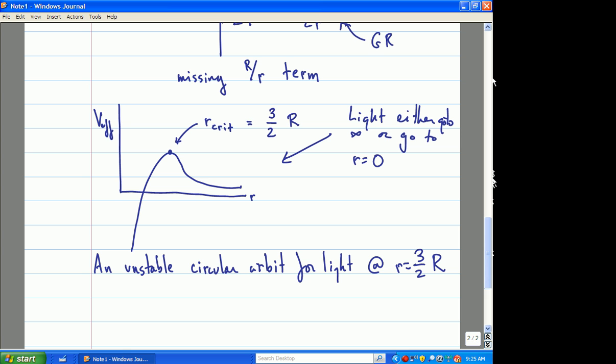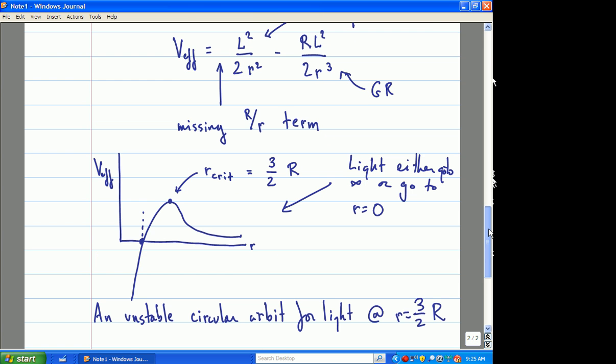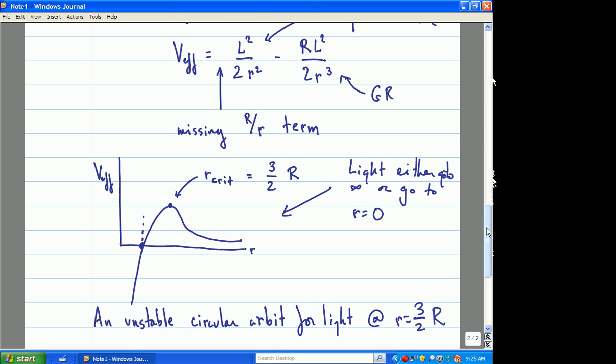And in fact, there's something else that you can extract from this potential. As r goes to infinity, v is going to 0. But at small values of r, this effective potential is less than 0. So you could ask, where does this potential cross v equals 0? And that's easy enough to determine. You just stare at this potential. That is equal to 0 when r is equal to the Schwarzschild radius.